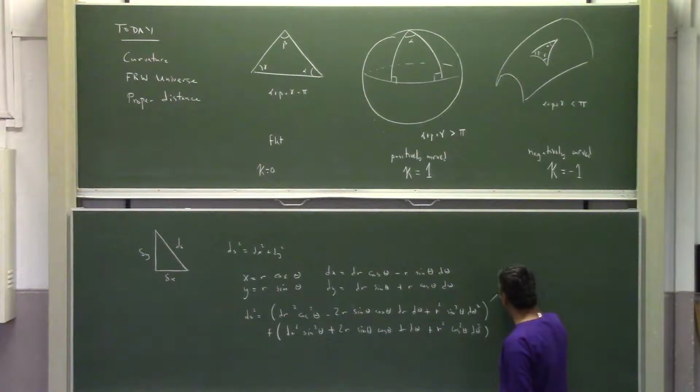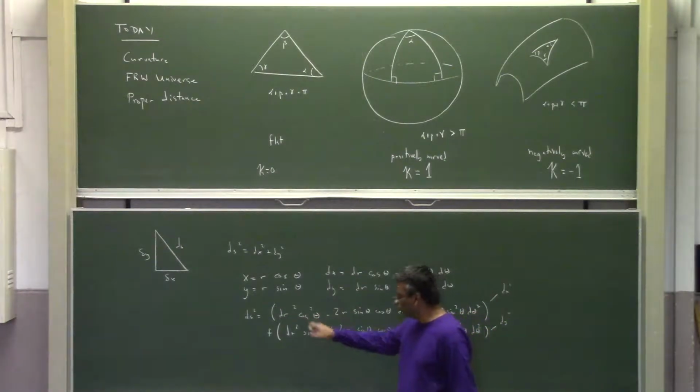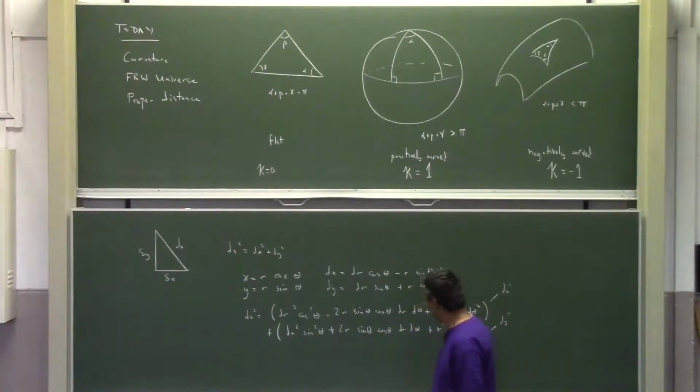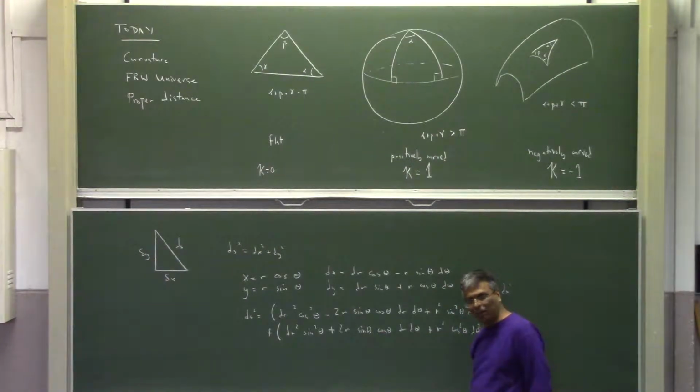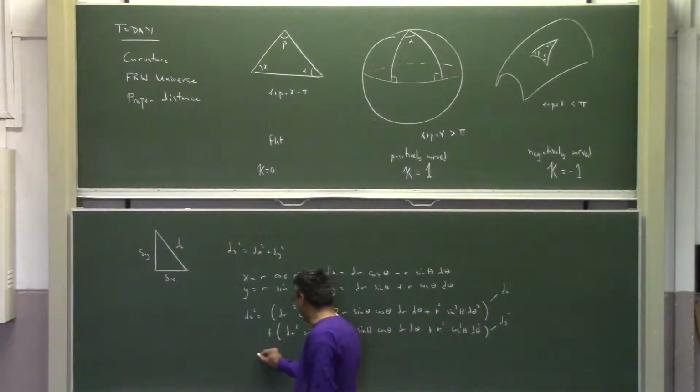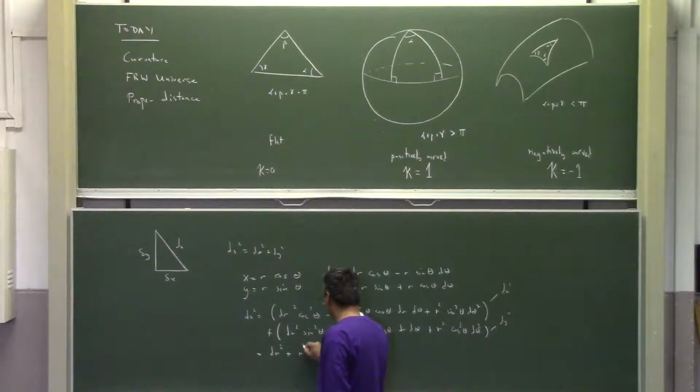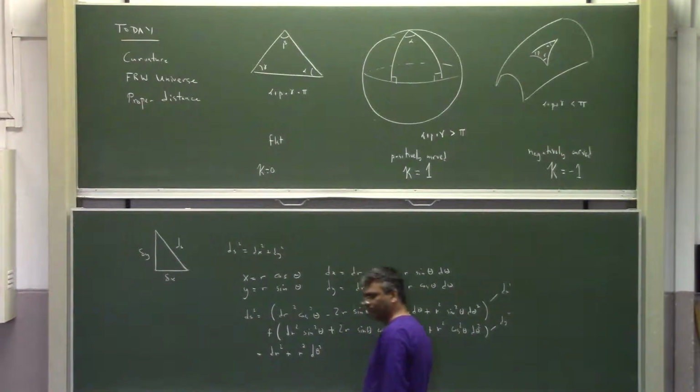So the first term here is just dx squared, the second term is just dy squared. And when you add these together, you notice that you have some trig identities. Cosine squared theta plus sine squared theta is 1. And these terms, minus 2r sine theta cosine theta plus 2r sine theta cosine theta, will cancel. So you'll get dr squared plus r squared d theta squared.